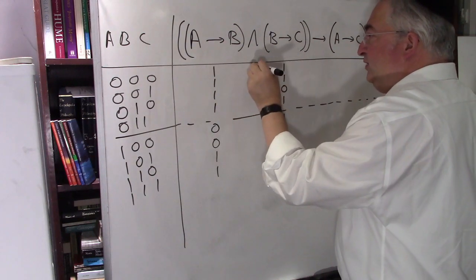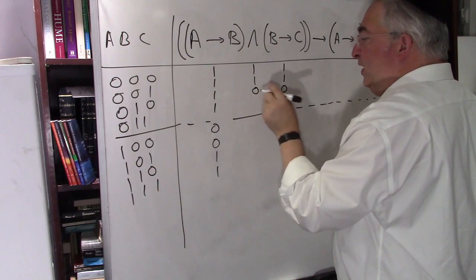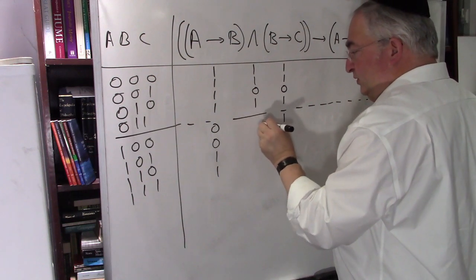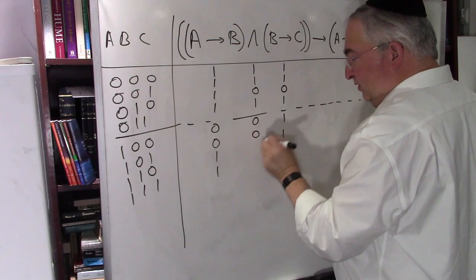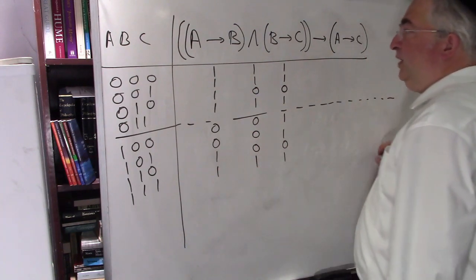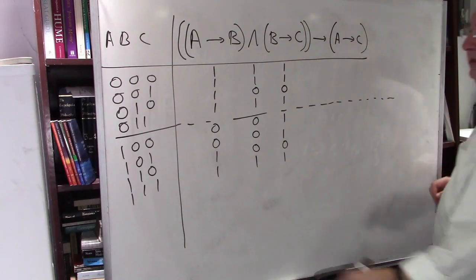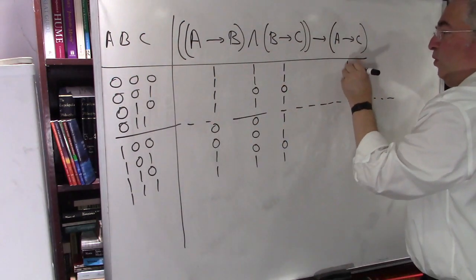Okay, now let's do the AND of it. 1 and 1 is 1, 1 and 1 is 1, 1 and 0 is 0, 1 and 1 is 1. This has a 0 in it, so it's 0. This has a 0 in it, so it's 0. This has a 0 in it, so it's 0. 1 and 1 is 1. Okay, good. Now, A arrow C. Ready? 0 arrow 0 is 1.